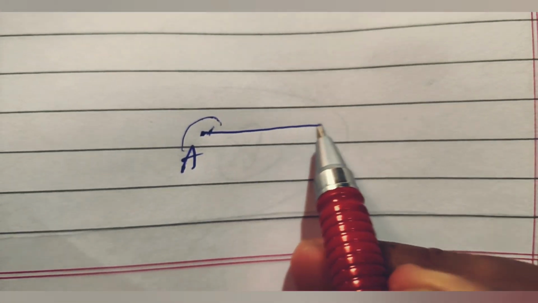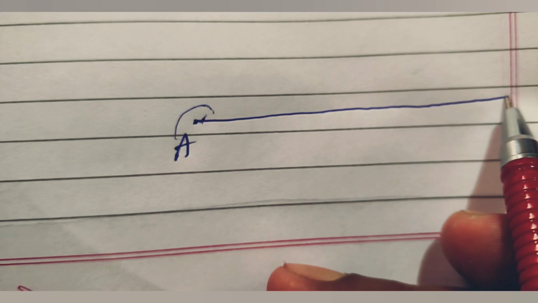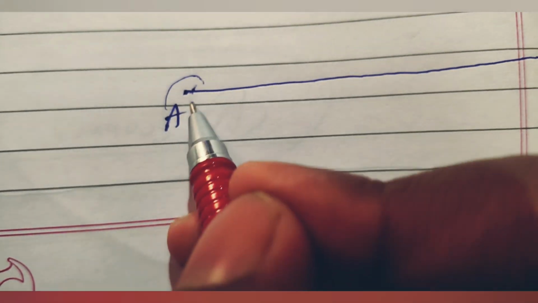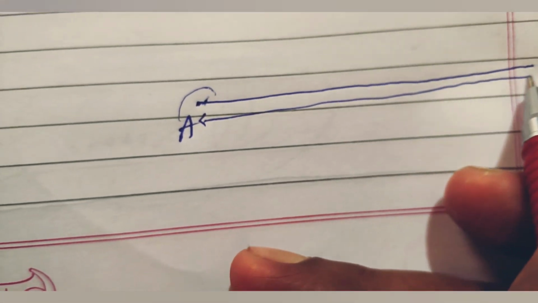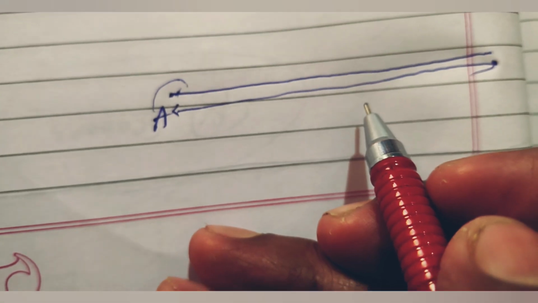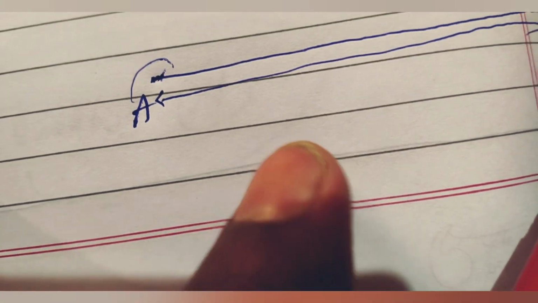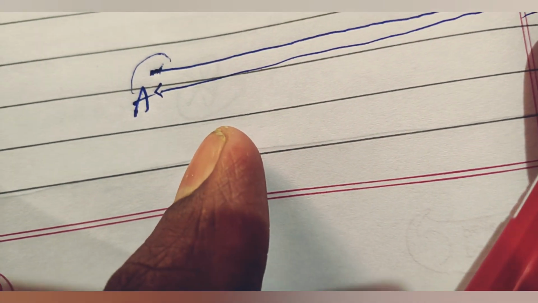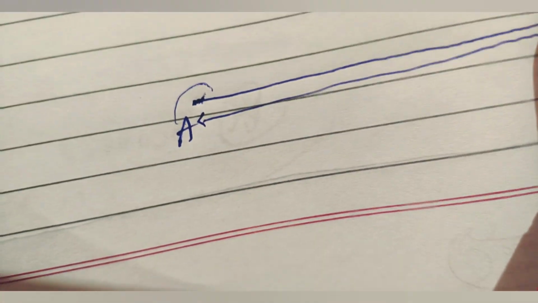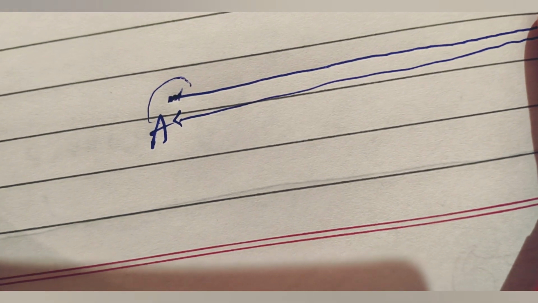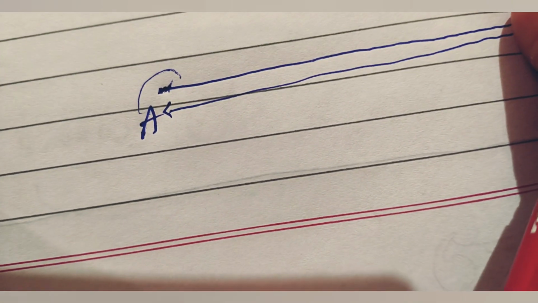Yes, this much point-like size, and its position is changing like this. Now the distance of this position change is much greater than its size. If the distance covered by the object is much greater than its size in a reasonable duration of time, then it will be termed as a point object.